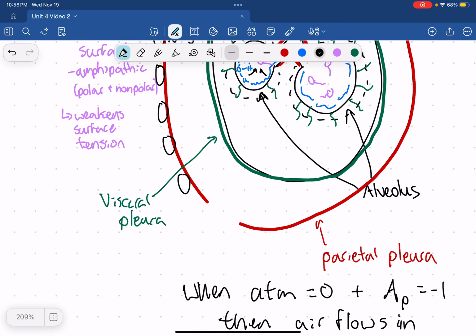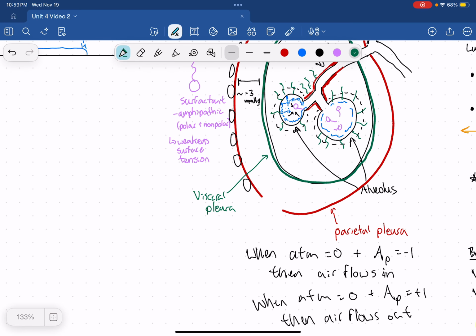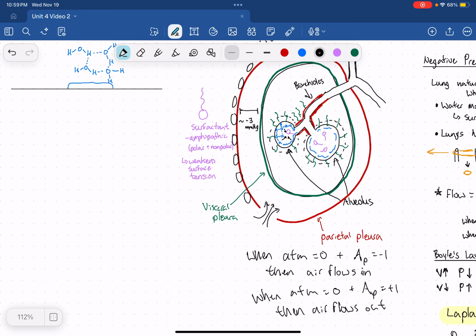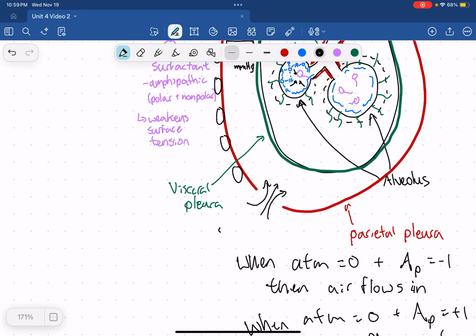Let's say we had something that comes and punctures it. We get a cut, we get a gash, something. And so this area here, since this is a negative pressure, we're going to start actually introducing air coming in. And as air comes in, it disrupts that negative pressure of the pleura. This is what we call pneumothorax.